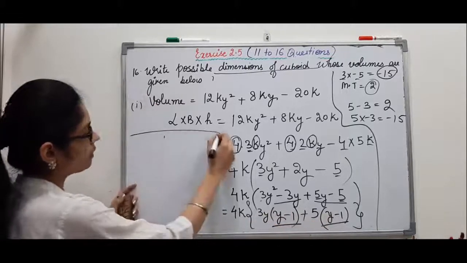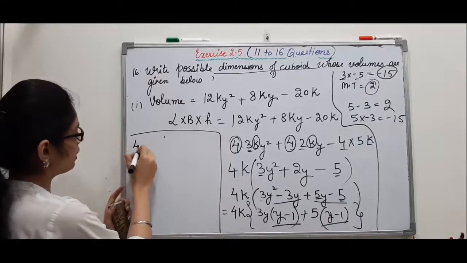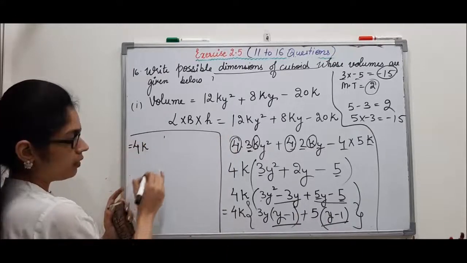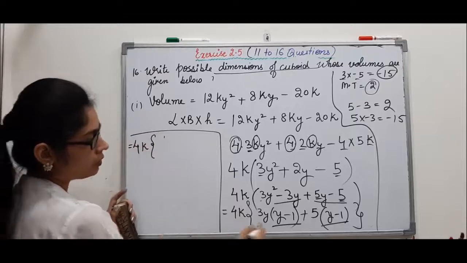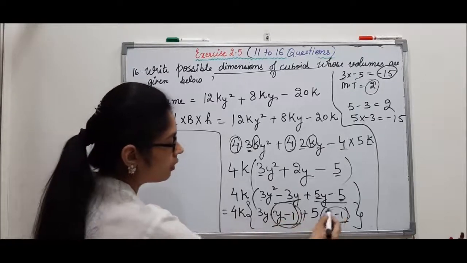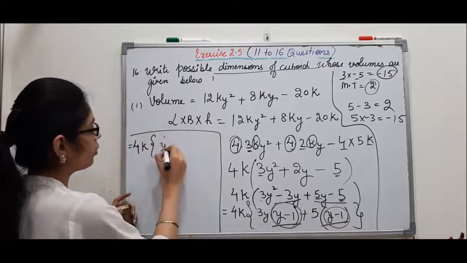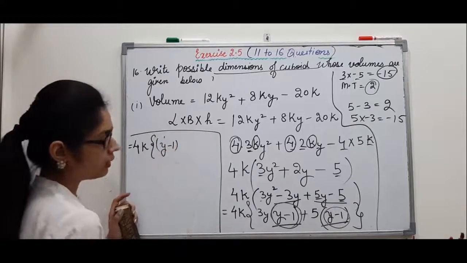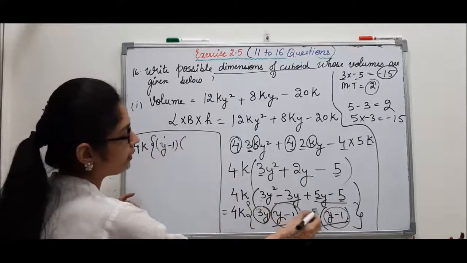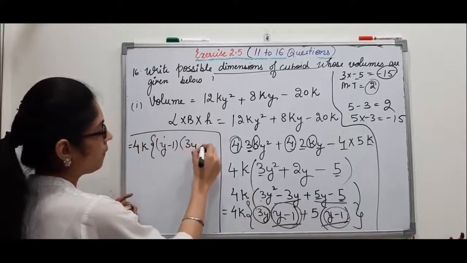Now we can write 4k into, and we can take common y minus 1, and the remaining terms we can write now: 3y plus 5.